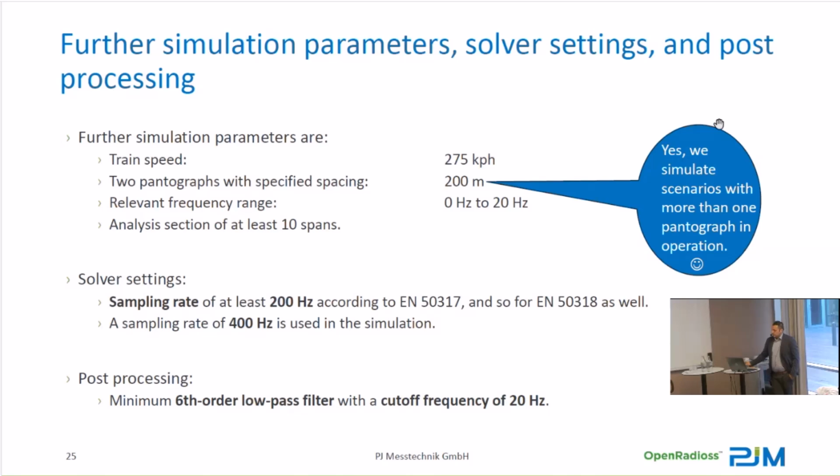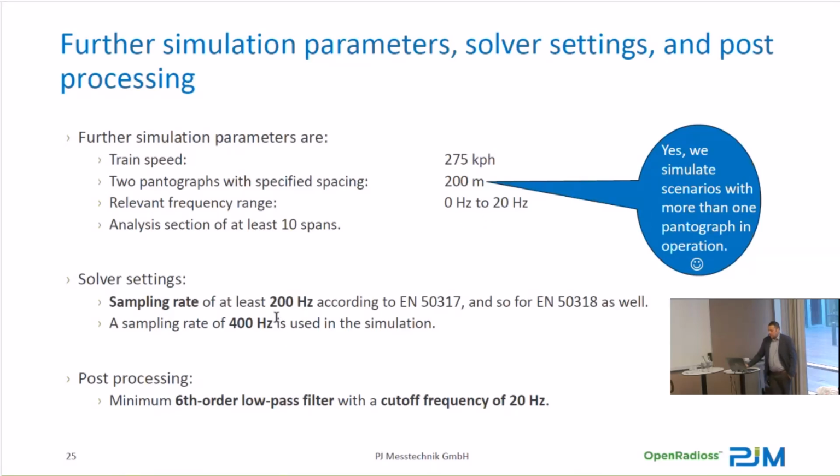And not only that, you usually have more than one pantograph per train. So within this validation, we have to simulate 2 pantographs, and they have a distance of 200 meters between each other. The frequency range we have to look at is between 0 hertz and 20 hertz.